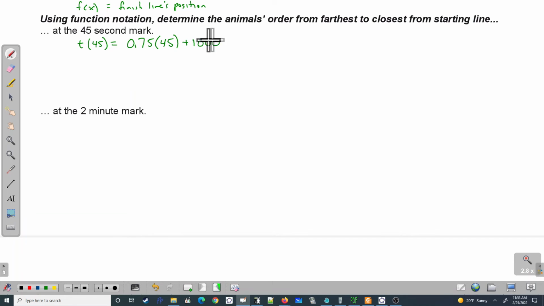Now that number, 45, will get multiplied by 0.75. I'll then have to add 1,000, and I end up with 1,033.8 feet, I think rounded to a decimal place.